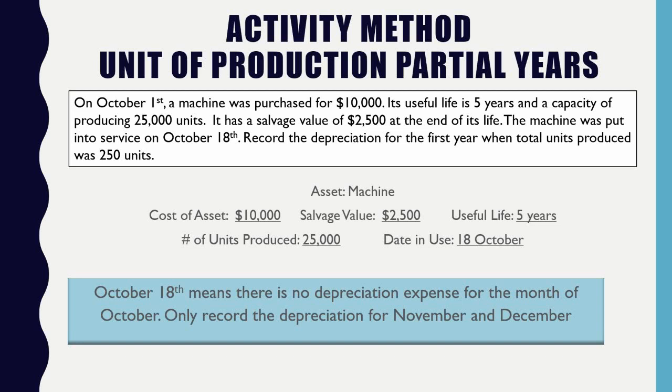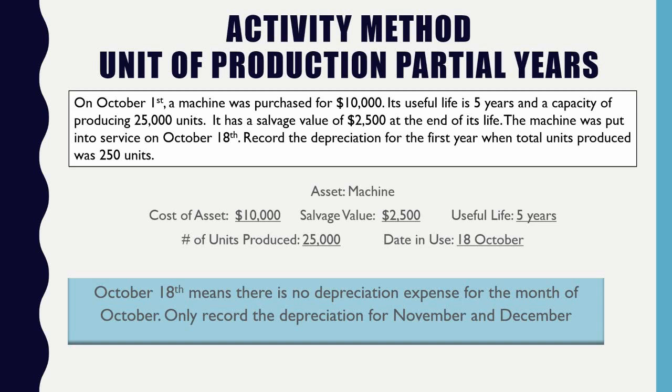So here we have the 5 components. We have our asset cost, we have the salvage value, we have the number of units that it can produce, or the estimated useful life. We have both in this case. And then we also have the date it's placed in service, and of course, we're working on units of production.